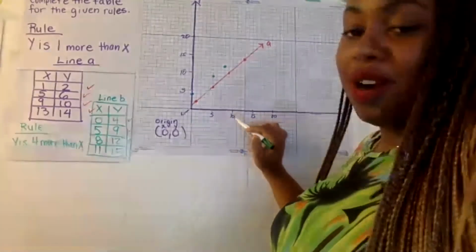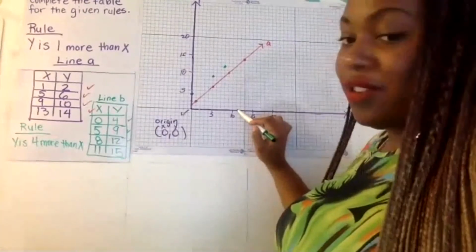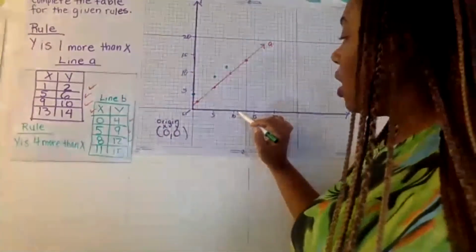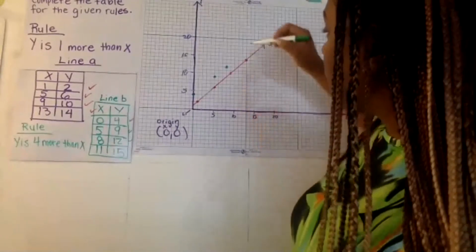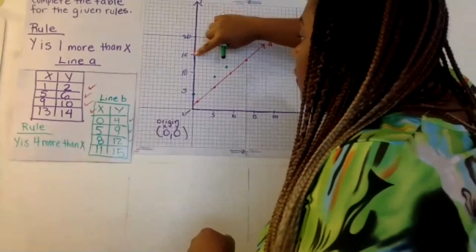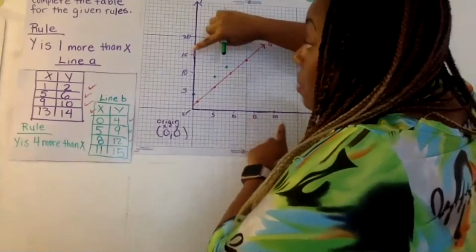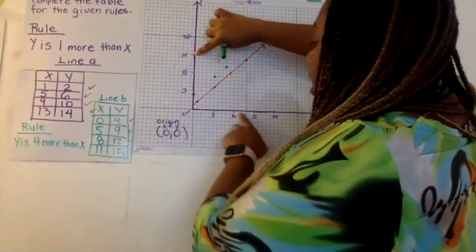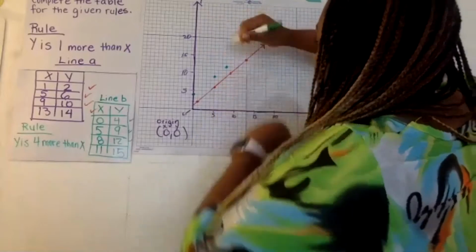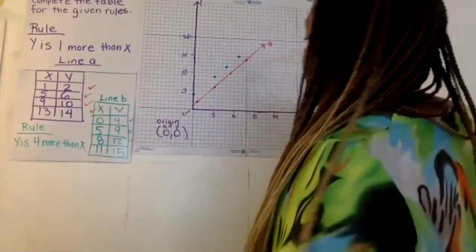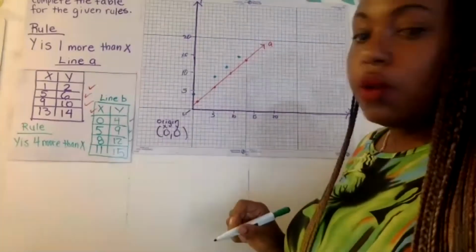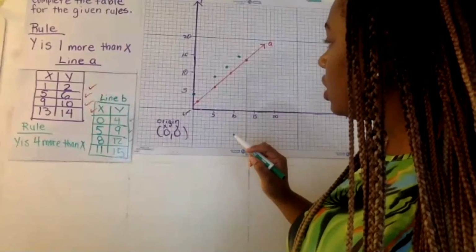Of course, we had our mark for 10, so I could just go right here to 11, right? And now we're going to go up to 15. I'm going to align my index finger with 15 and with 11, and then trace across. Here's where my fingers meet at 11, 15. Let me make sure this is correct.